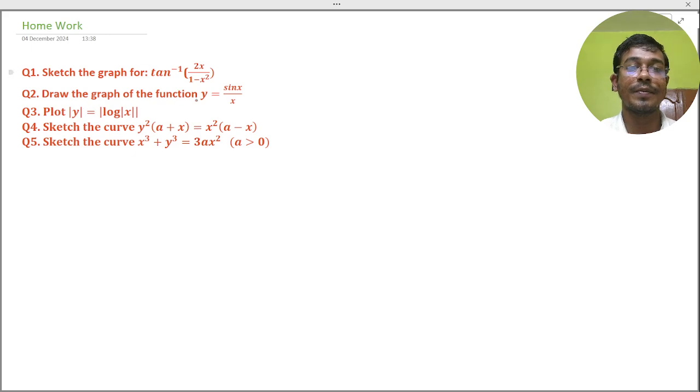Second, draw the graph of the function y equal to sin x by x. Plot mod y equal to mod log mod x. Sketch the graph of y square into a plus x equal to x square into a minus x. Also sketch the graph of x cube plus y cube equal to 3a x square where a is greater than 0. Pause the video and take a screenshot here.